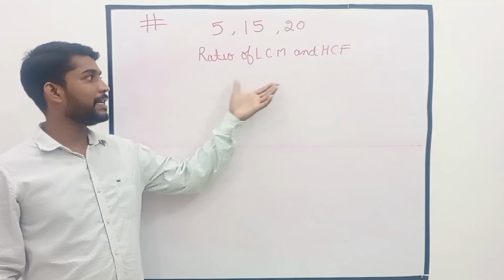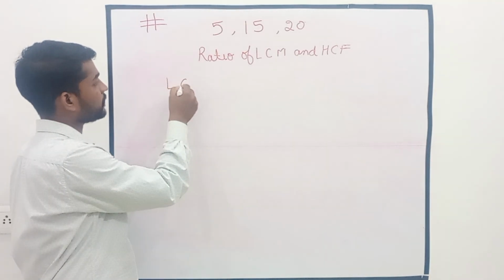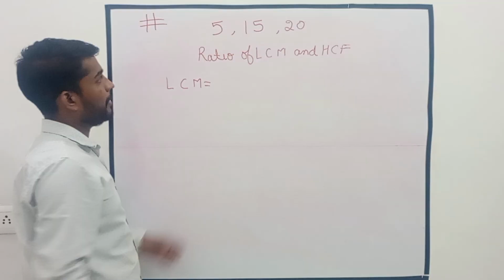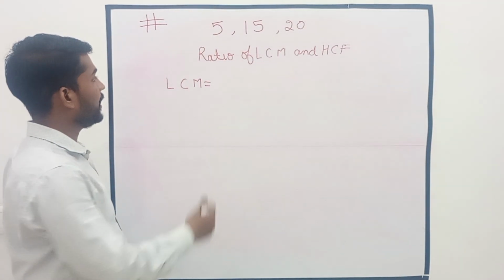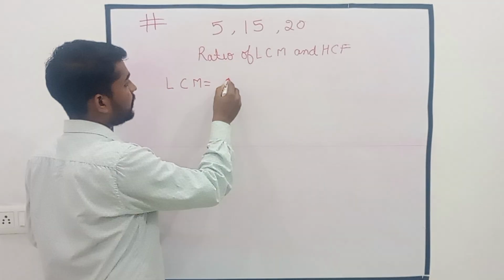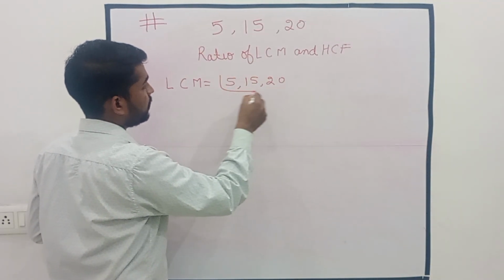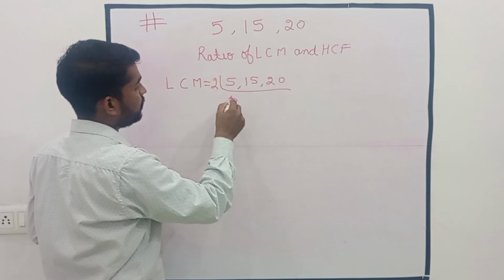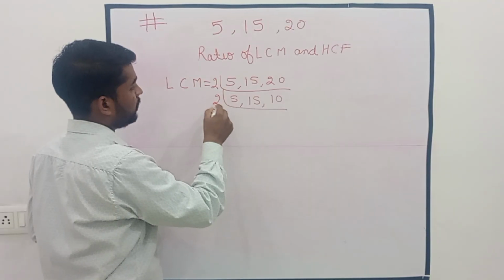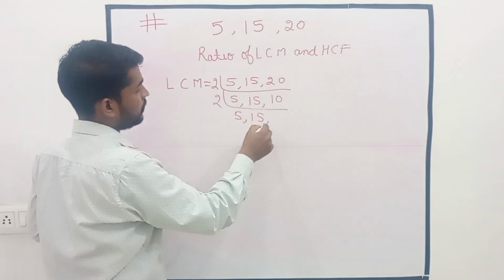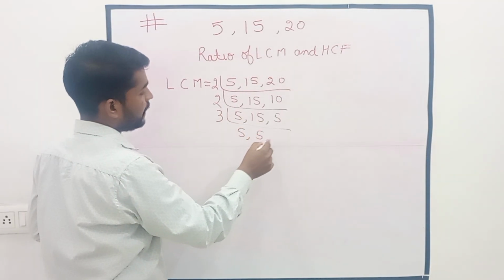Now we have to calculate the LCM and HCF of these numbers. First we calculate the LCM. We have two methods to calculate the LCM, the division method and the prime factorization method, and we use the division method. We divide by 2, then by 3 and 5.